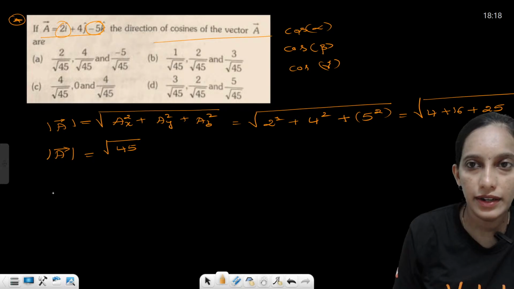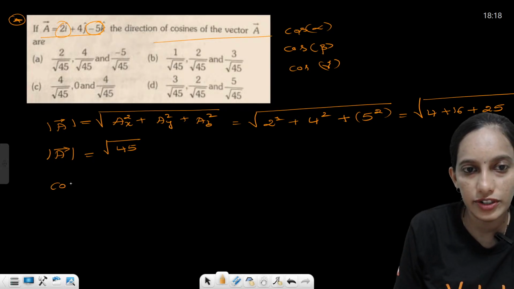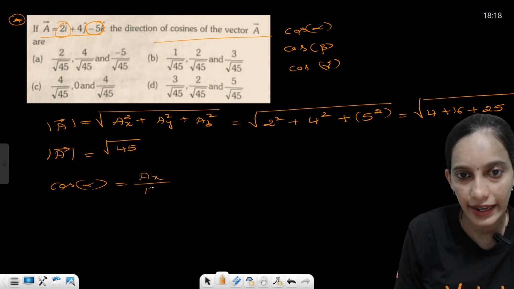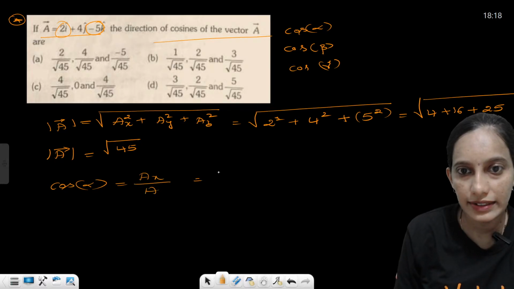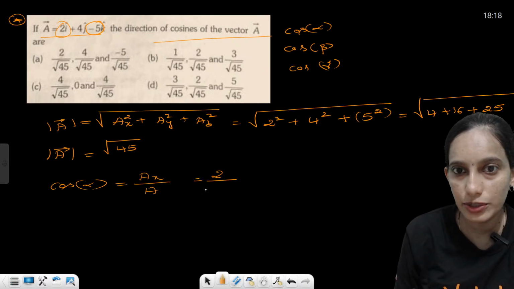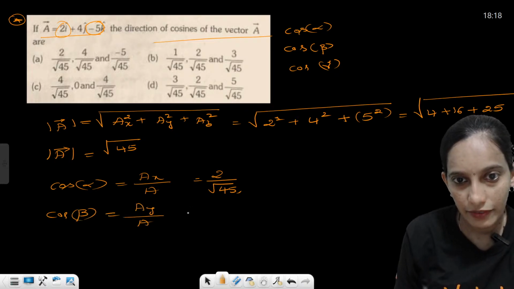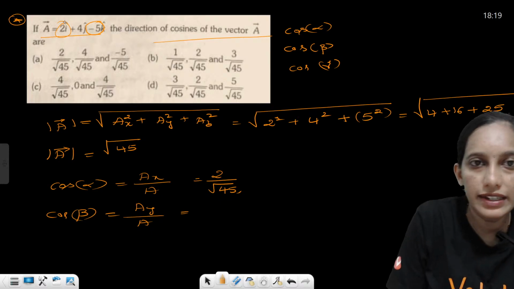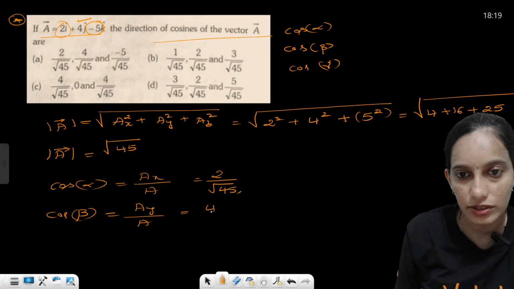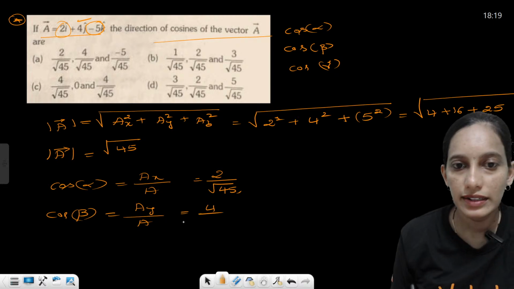Now we can quickly find out the direction cosines. Cos alpha is equal to what? Ax by A. So Ax is 2, divided by A, which is root 45. Cos beta is ay by A. So how much is ay here? It is 4 j cap, so the component along the y axis, that is ay, is 4.